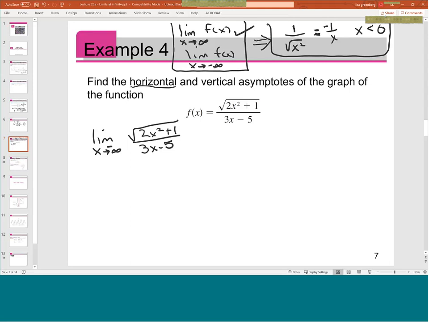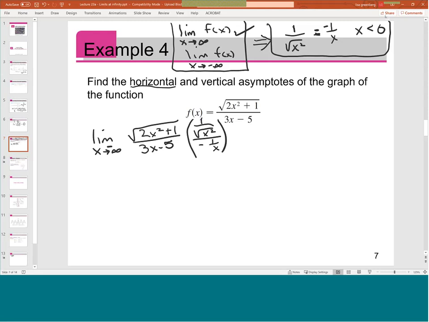Okay, good. So now I can say, if these are equal when x is less than 0 and I'm going to negative infinity, I can multiply by 1 over the square root of x squared over negative 1 over x, right?